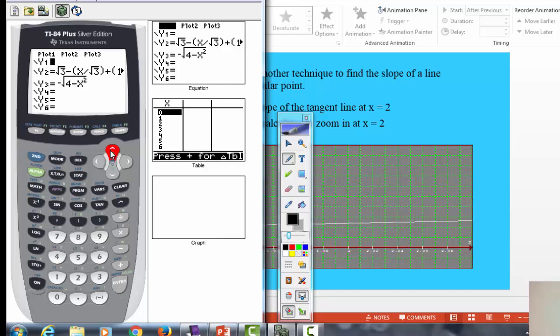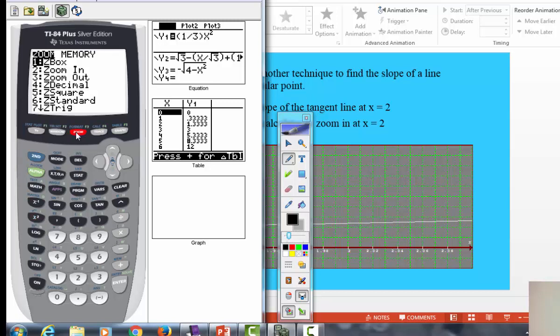And we'll go back up and graph 1/3 x squared. Then let's just look at a standard window. I know we've been using the zoom feature, so I'll go back and just select 6 so we can get a standard window to graph.